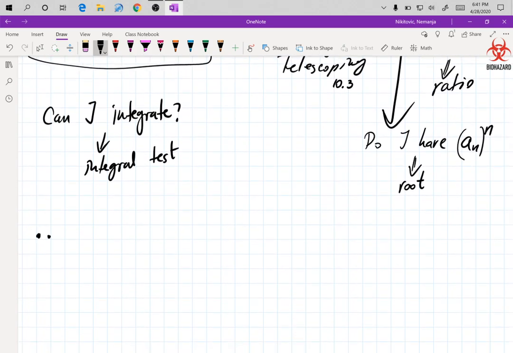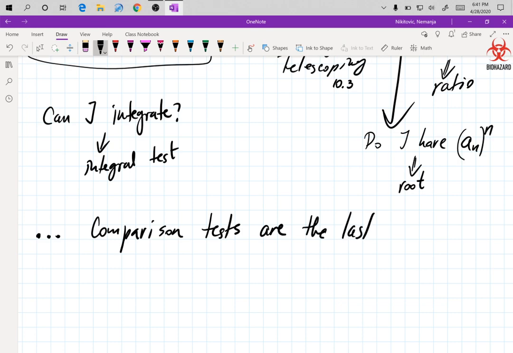And then I put these three dots and I say comparison tests are the last resort.